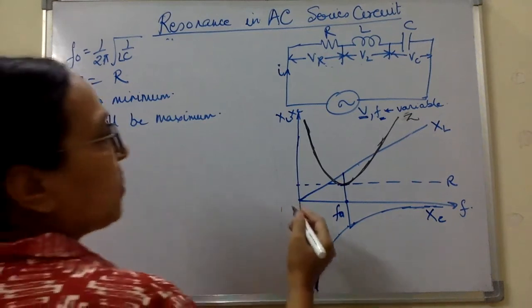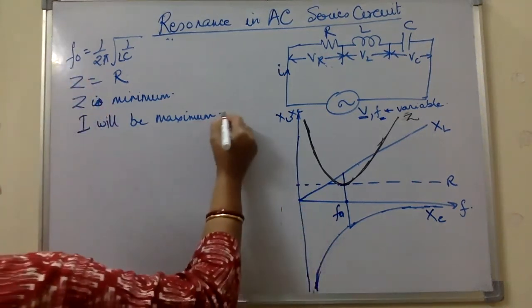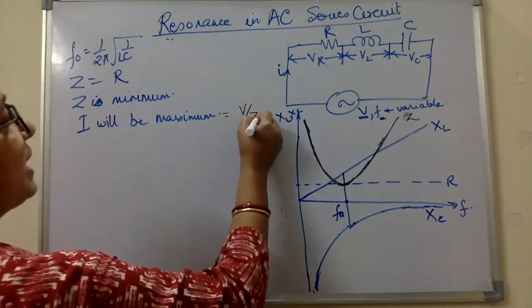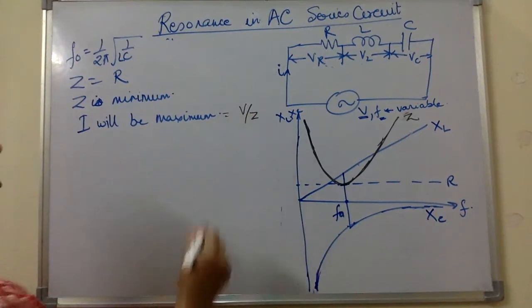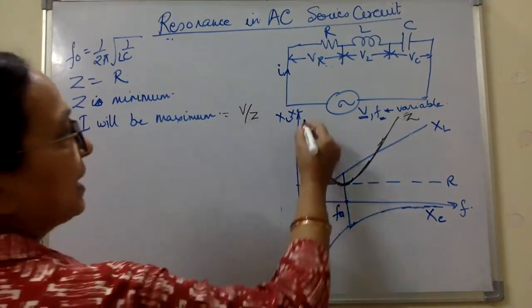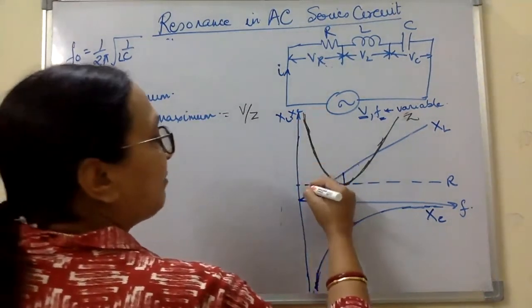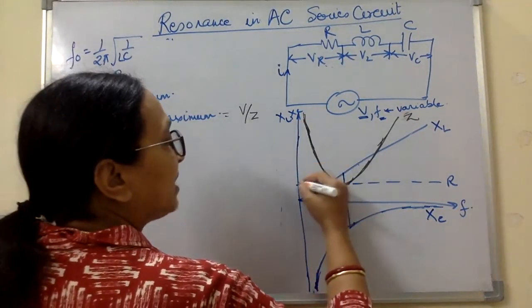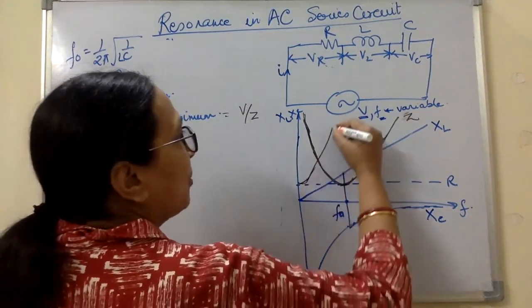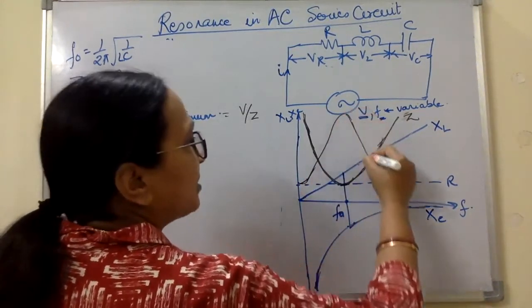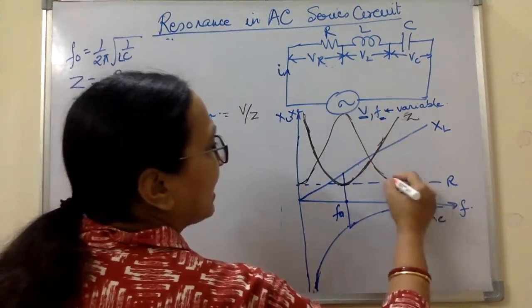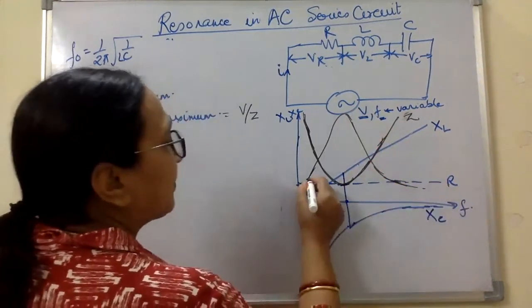The current is given by I is equal to V by Z. Impedance is maximum over here, therefore the current will be minimum over here, and it will go on increasing. At resonance it will be maximum, and again it will start decreasing.